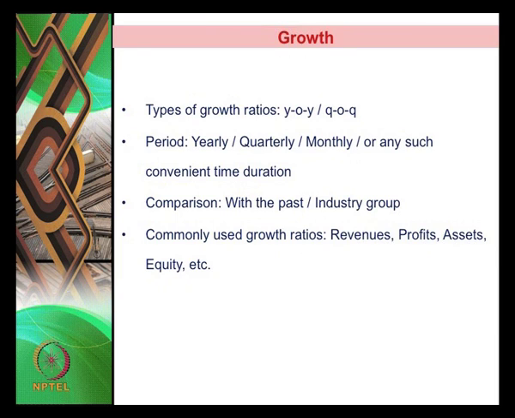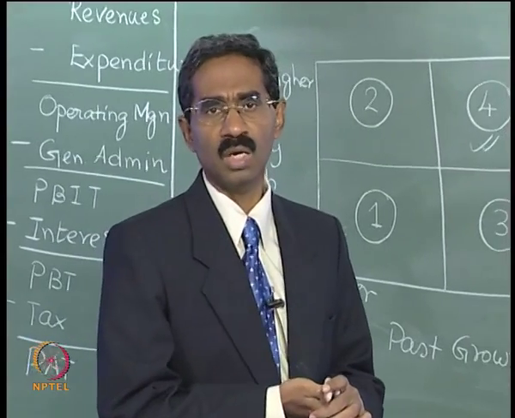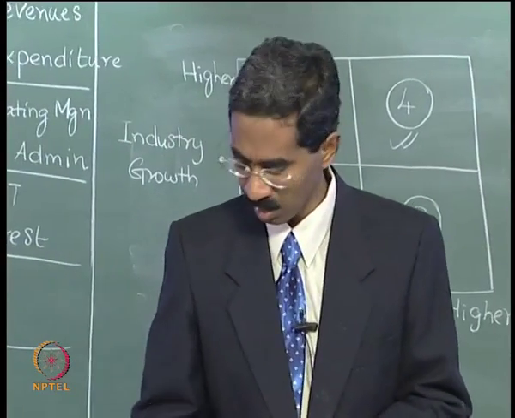So we talked about revenues. We can also do it for profits, we can also look at it for assets, we can also look at it for equity. Any of the items that we see in the financial statement, whatever is of interest to us, we can calculate the growth rates and see how the company has performed for the given period.